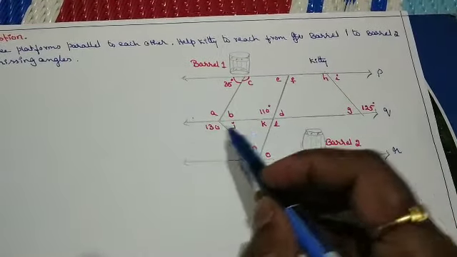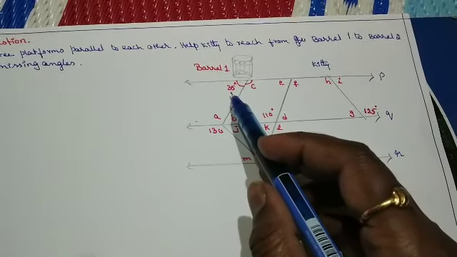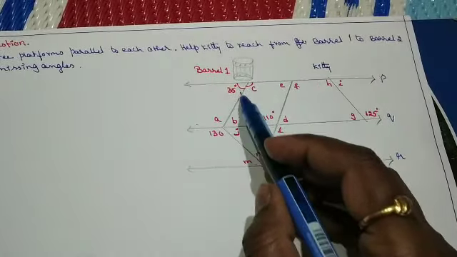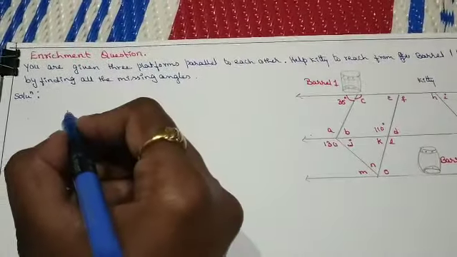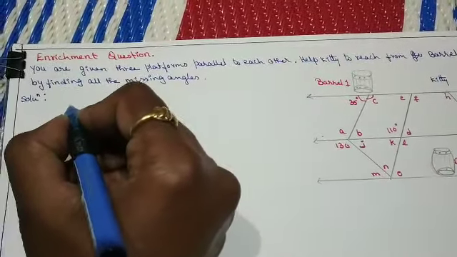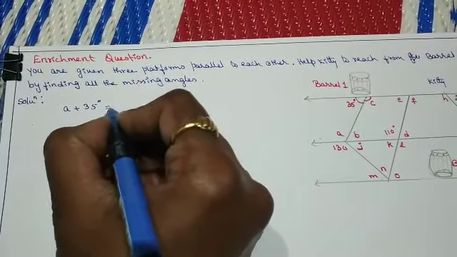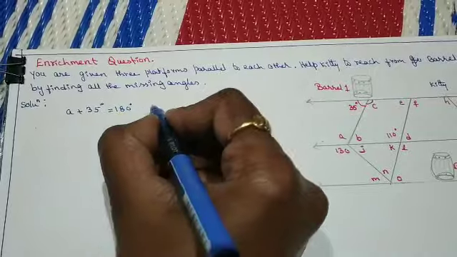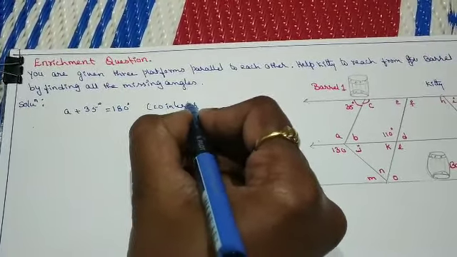First we'll go with A. How is this A related with this 35? Yes, they stand in a U shape. That is the co-interior concept we can apply. So A plus 35 equal to 180 degree. Reason: co-interior angles.